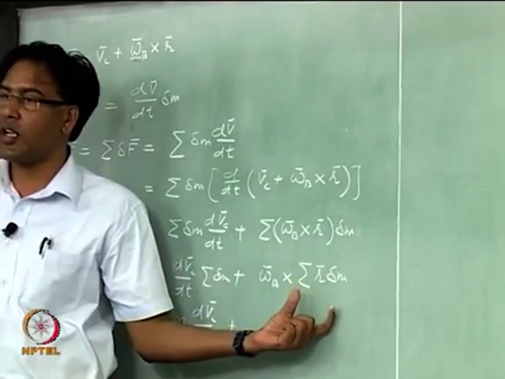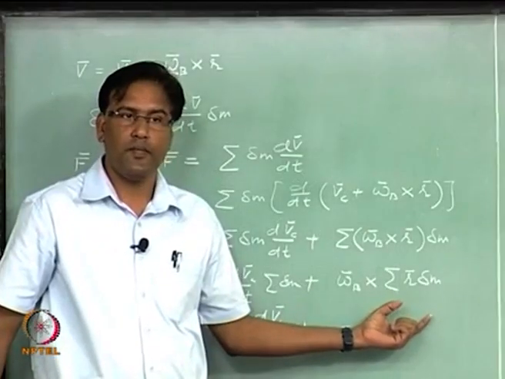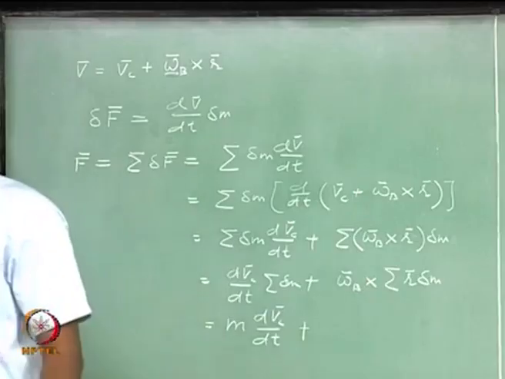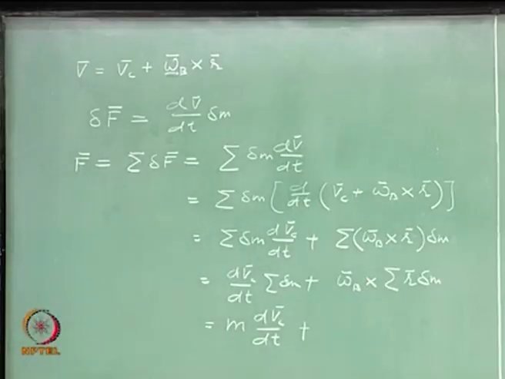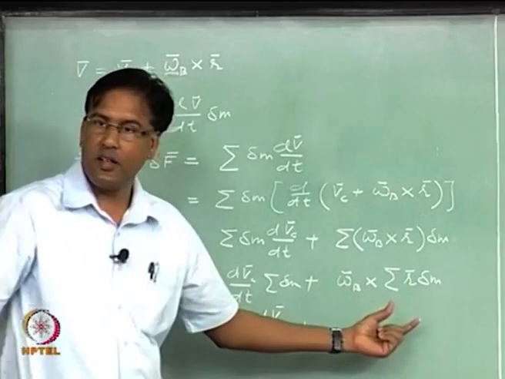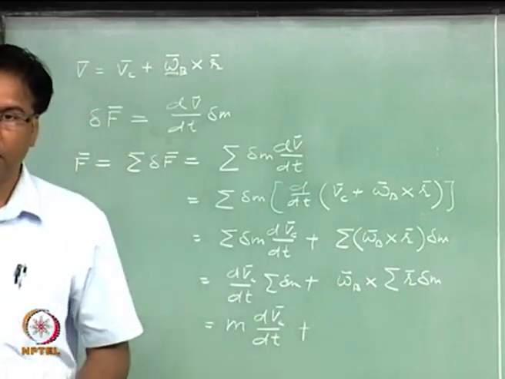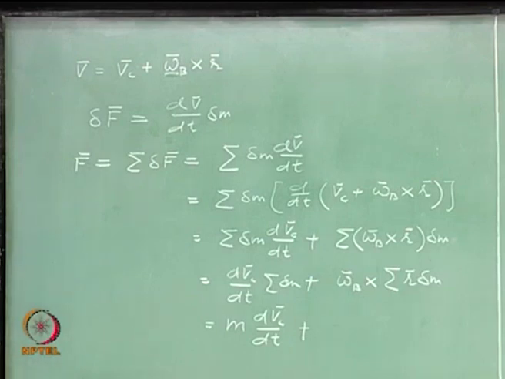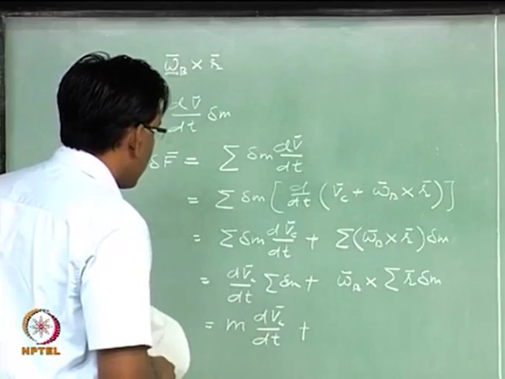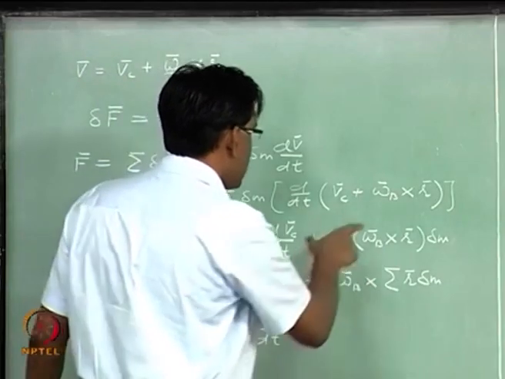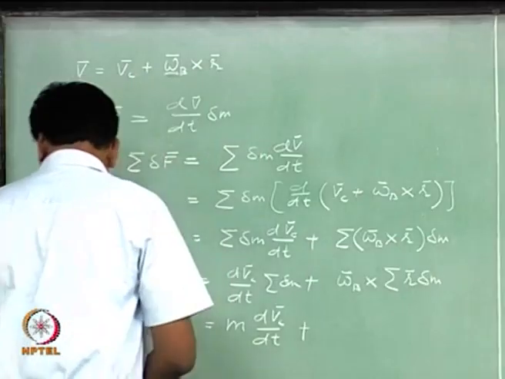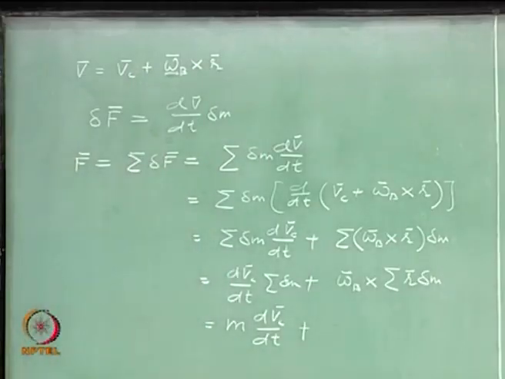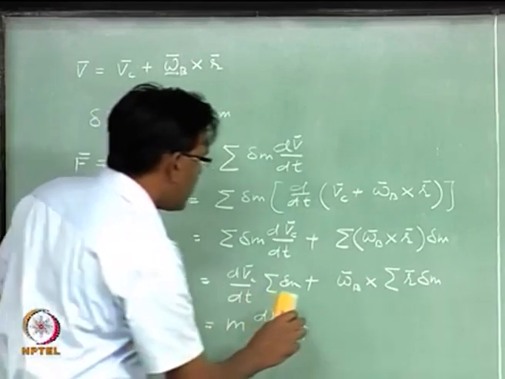What about this quantity? Okay, the time rate of change of this is missing, right. Let me just, okay, you are right. So, we will have to rewrite this.